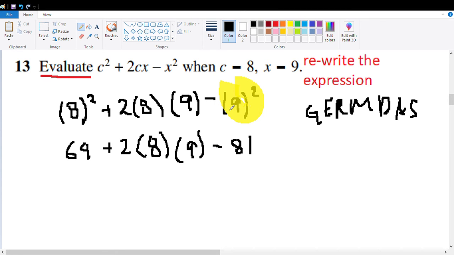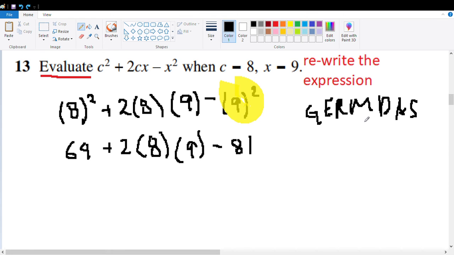If, for instance, there's a negative in here, it's going to be negative 9 times negative 9, okay? But in this case, the negative is outside the parentheses, so we don't include that. So it's going to be minus 81. 9 squared is 81.